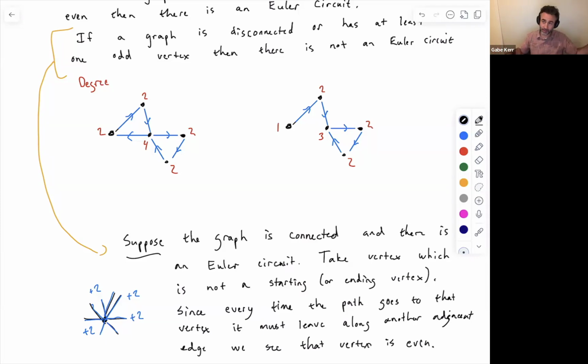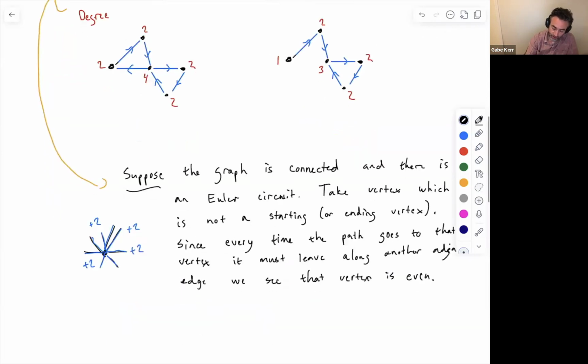However, if it is the beginning, then yes, the first edge out you'll leave, which means you decrease the number of edges adjacent to that beginning vertex by one. So let's say we are now in a different situation. This is our start vertex, and we have a bunch of edges connected. We start our path and we leave and we do a bunch of other things.